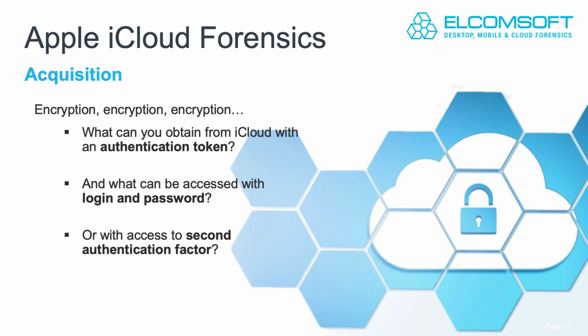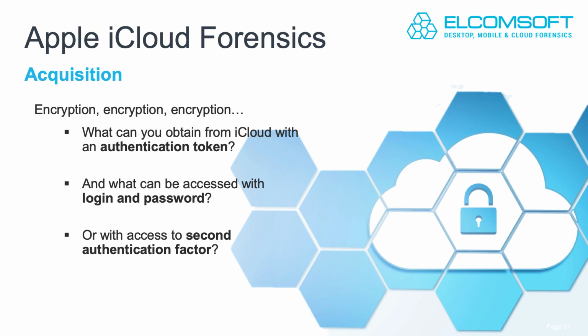Acquisition of the Apple iCloud data is not very easy. The protocols are kept in secret, there are no libraries. All the data in iCloud is encrypted in different ways. The need to supply the user's login and password, sometimes followed by two-factor authentication, was always a roadblock.